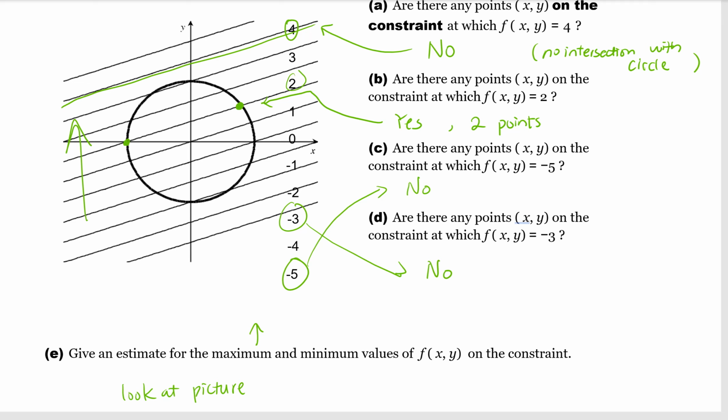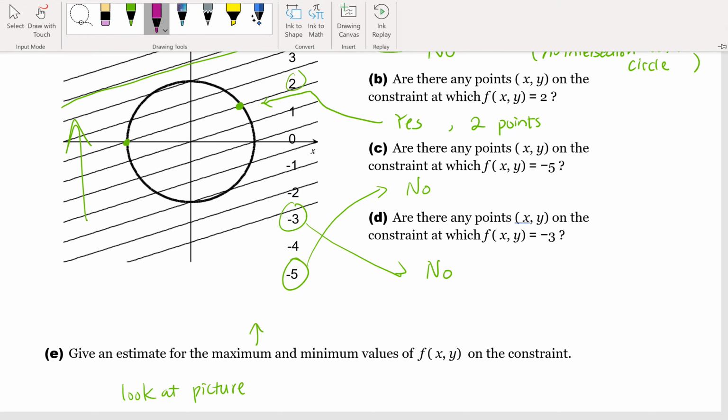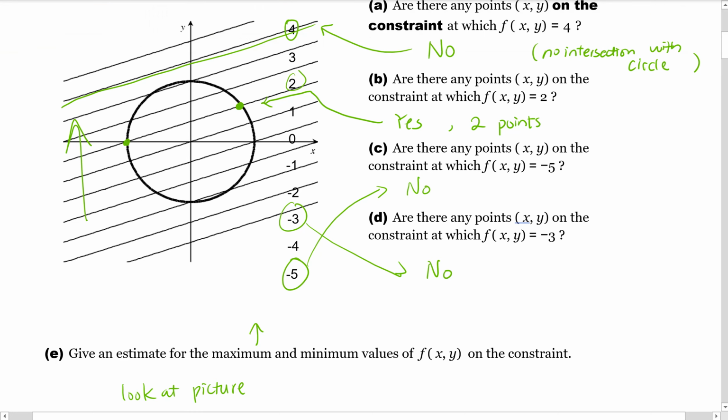We can see the highest value is somewhere between 3 and 4. So I would say the maximum value is around 3.1 or 3.2, maybe closer to 3.2. We just look at the picture to estimate.